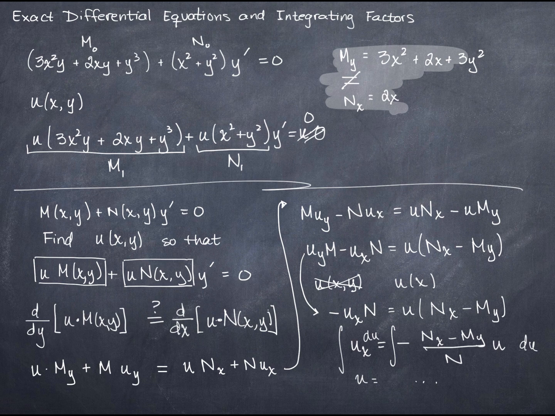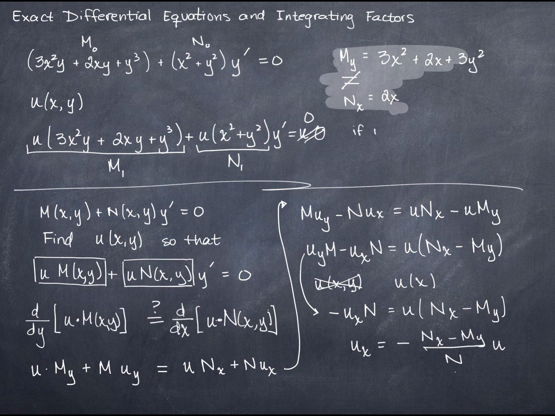Before I do that, I'm going to erase a few things actually. Before I did this, we had something like this on this side of the screen. I'm going to copy this formula down. It's a formula, but where did we get it? We got it from solving this and then making the assumption that u is only a function of x.